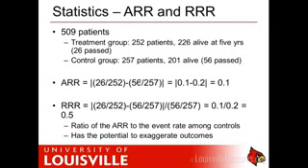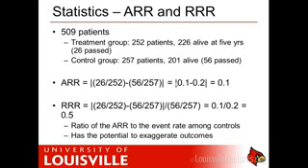It divides fairly simply, so you get 0.1 in the treatment group and 0.2 in the control group. The absolute risk reduction is the absolute value of the event rate minus the control rate, so it's 0.1 minus 0.2, which is 0.1. So it's a 10% reduction.